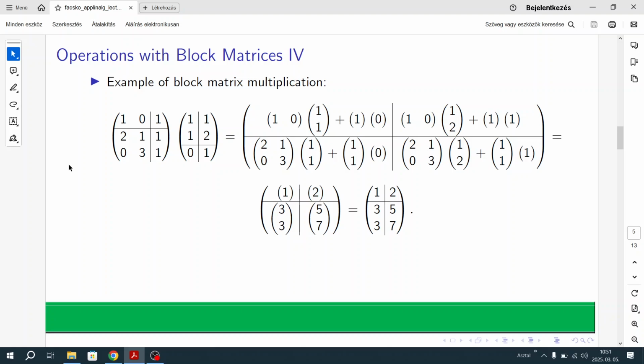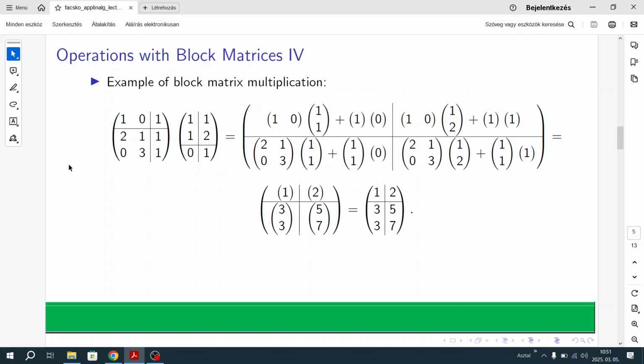You add the second element of the first row of the first matrix, and multiply with the second element of the first column of the second matrix. This is the first element of this block matrix, and then you do the same for each.